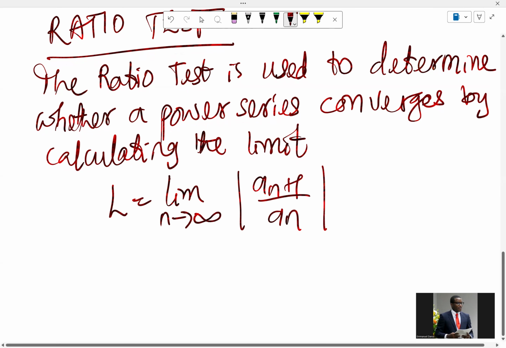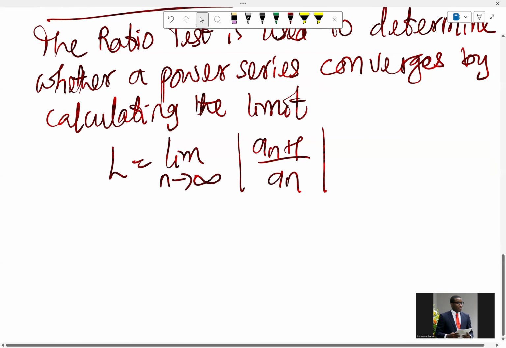That's where the ratio comes in. So you have a_n and the next coefficient after that, so that's a_(n+1) all over a_n. So that's where the ratio comes from.